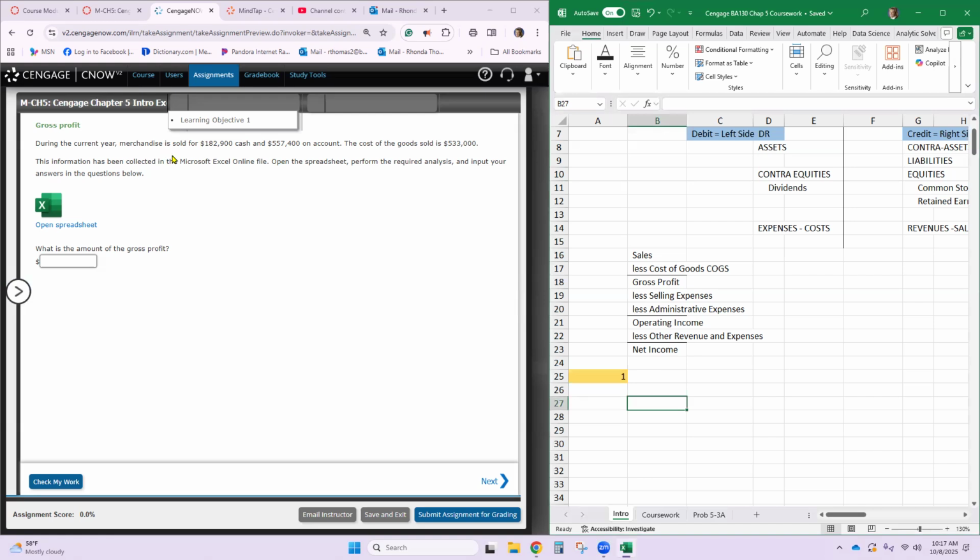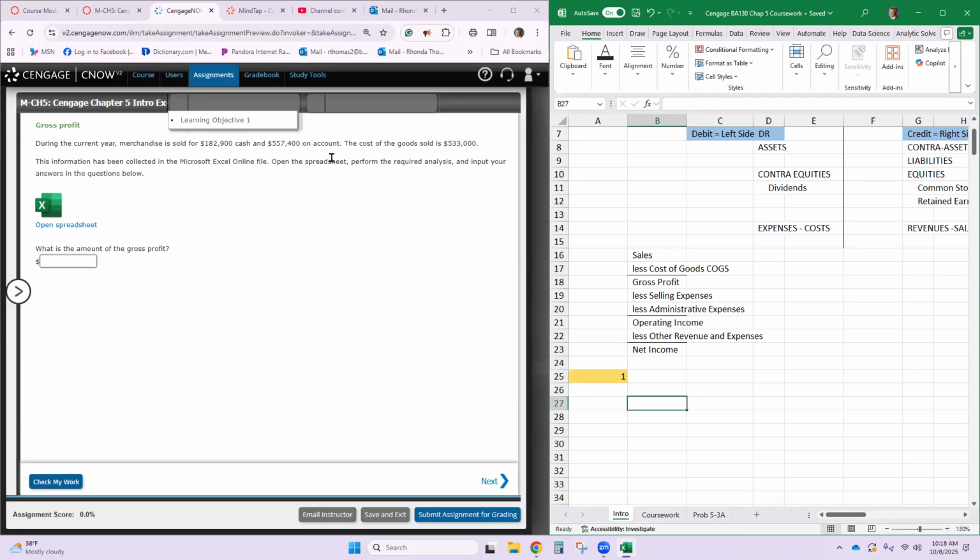So during the year, merchandise sold is 182,900 in cash and 557,400 on account. So remember, you can have 2 kinds of customers: the cash customer, on account customer.